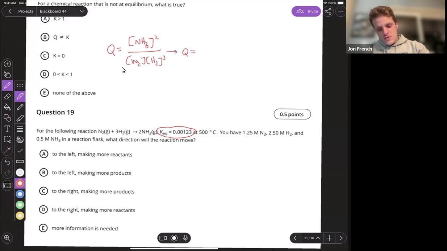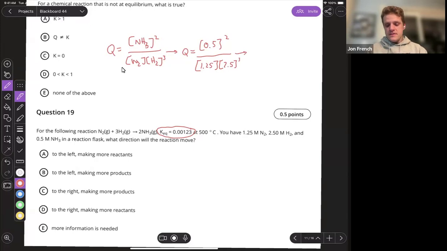I plug in Q. My ammonia concentration is 0.5 squared. My nitrogen concentration is 1.25. My hydrogen concentration is 2.5 cubed.